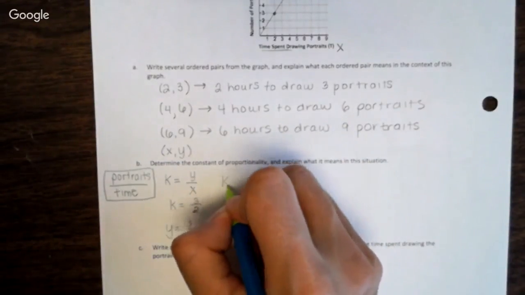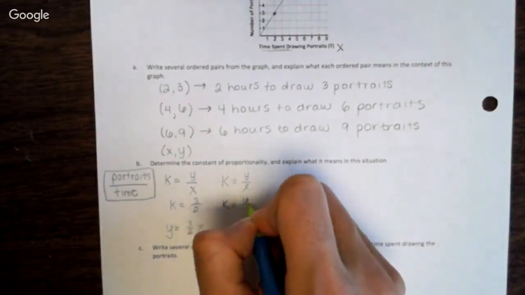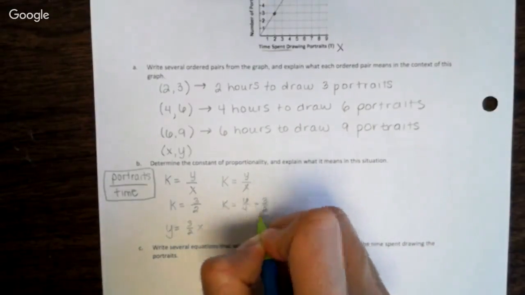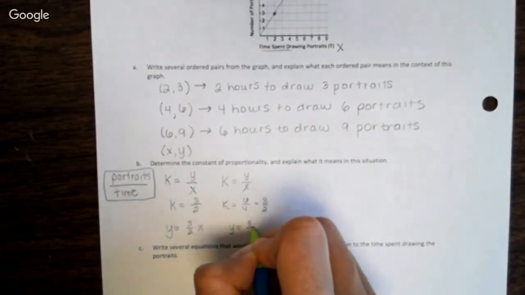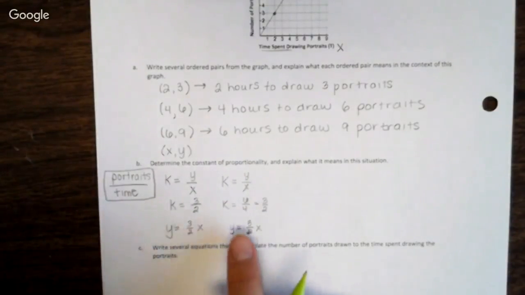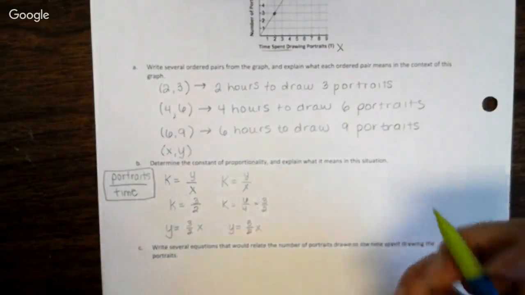All right, we could do this again with the second point, Y over X. So this would be 6 over 4. Now 6 over 4 reduces to 3 over 2. So the equation would be Y equals 3/2 X. Notice that they are the same because it is a constant proportional relationship.